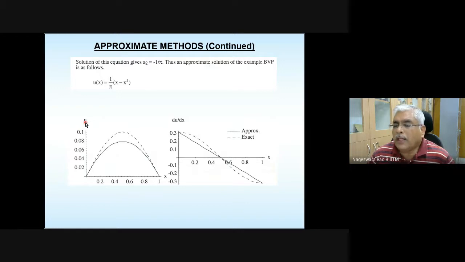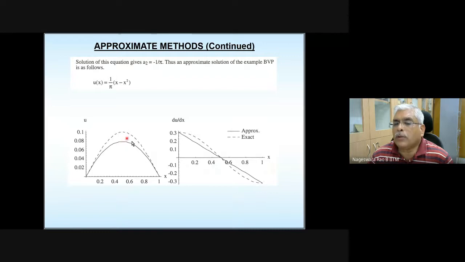So if U is a displacement-like quantity, I'm more interested in the derivative of U rather than displacement. So the derivative of U with respect to X is also plotted. You know the exact solution, you take its derivative, and for the approximate solution, you take its derivative and plot it. This is how they are matching. And you can see how much error there is, at what point the error is more, and at what point the error is less.